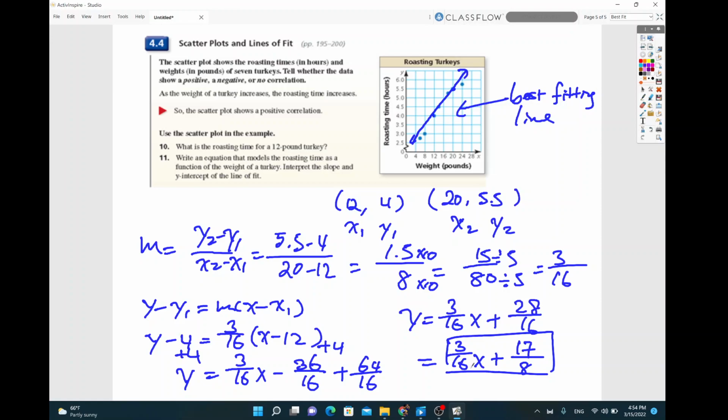You can say that for 16 pounds of turkey, it takes 3 hours. So it shows the rate of change of roasting the turkey. And 17 over 8 is the time for preparing the turkey, because you need to marinate it and put in some ingredients to make it taste good. So 17 over 8 is the preparation time before you put the turkey in the roaster.